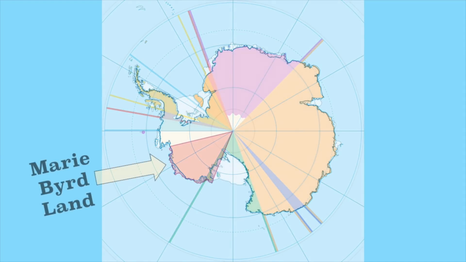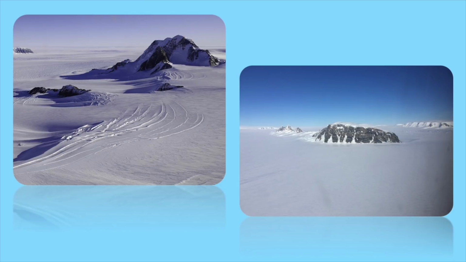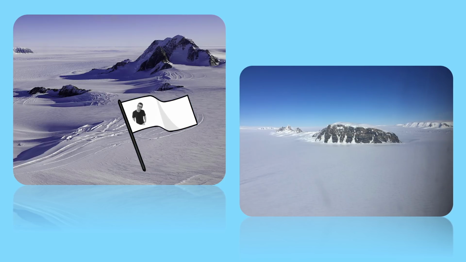In particular, Marie Byrd Land, this 620,000 square mile portion that is so uninhabitable, no country has been crazy enough to claim it. And okay, it might still be risky since I'd be breaking the Antarctic Treaty system, but I doubt anyone would try to stop my crazy butt from doing it, and countries break treaties all the time. Am I right?